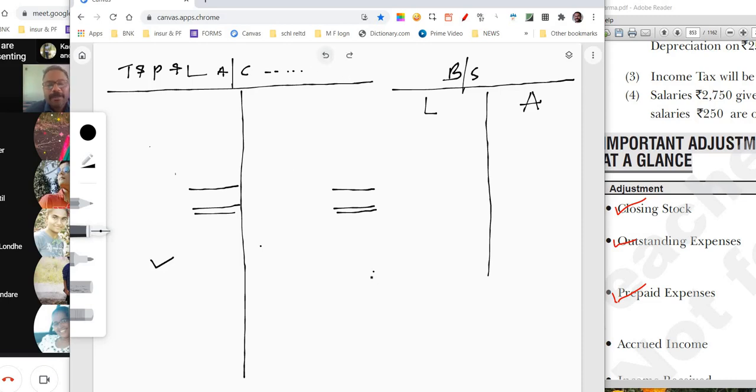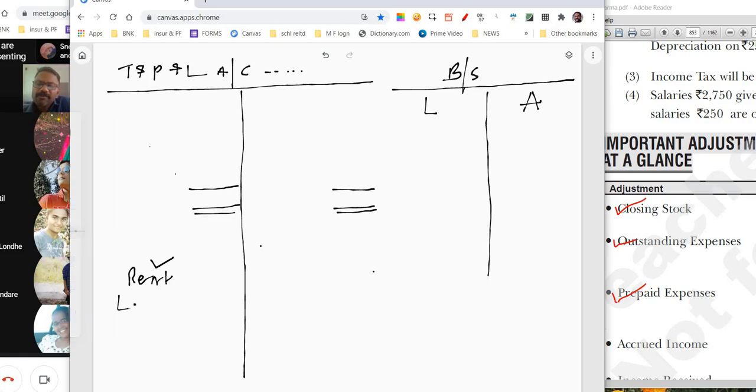Okay. अरे मेरा ये हो गया. It will be coming here because it is expense. I was thinking of unearned income. So it will be coming here. So what is the expense? You just deduct. It is subtract. So suppose expense is there. Example rent आ गया. Suppose we write rent here.